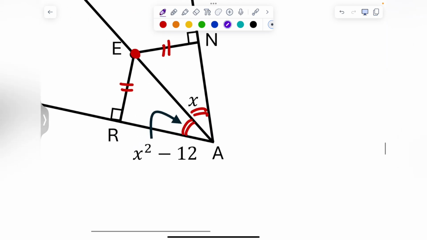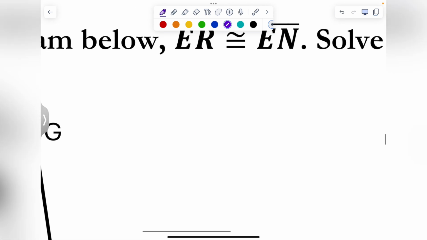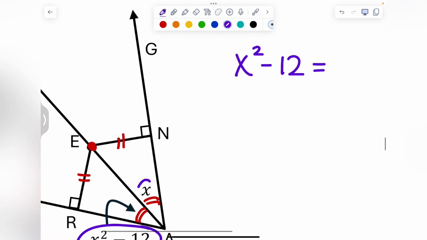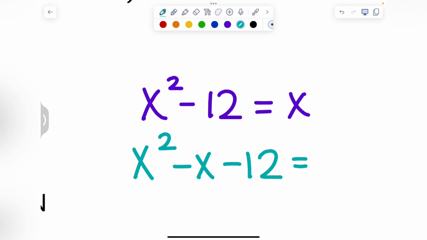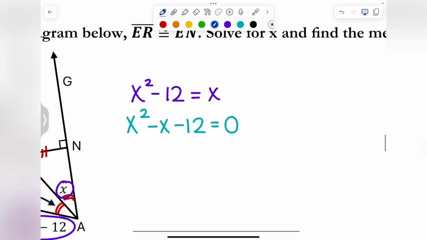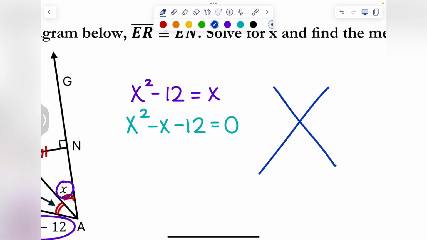All right, so I can say x squared minus 12 is equal to x, the other angle. And this is a quadratic, so I'm going to subtract the x over to the other side, put it in the middle, and factor. So what multiplies to negative 12 and adds to negative 1?